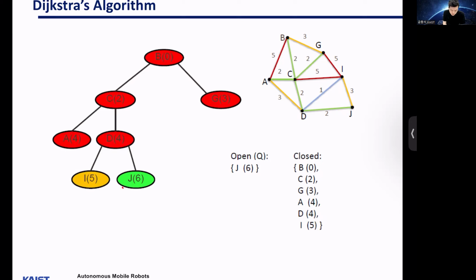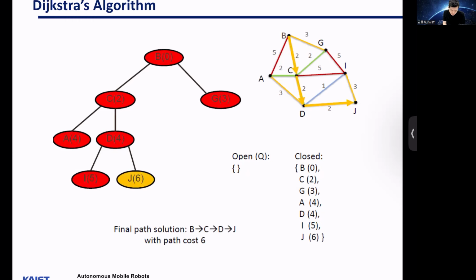So we're going to keep this one. And the path is this one, okay? Which is B, C, D, and J, which gives you total cost of 6, okay?